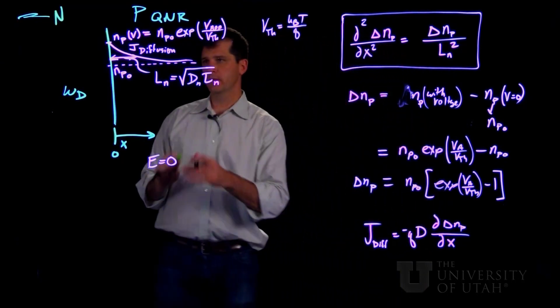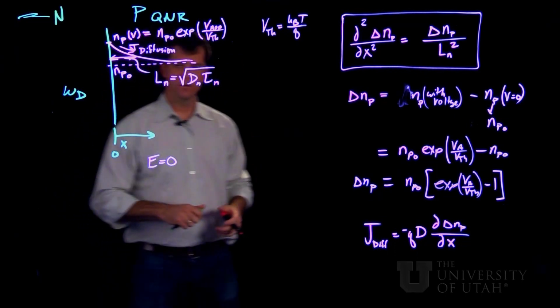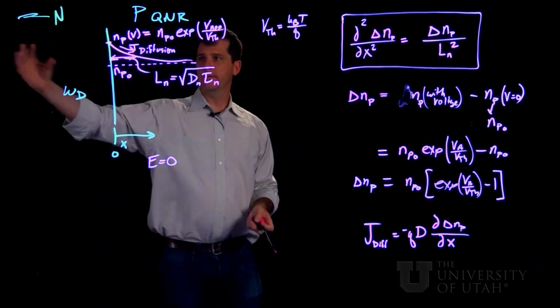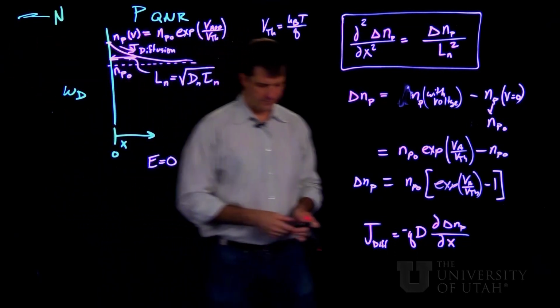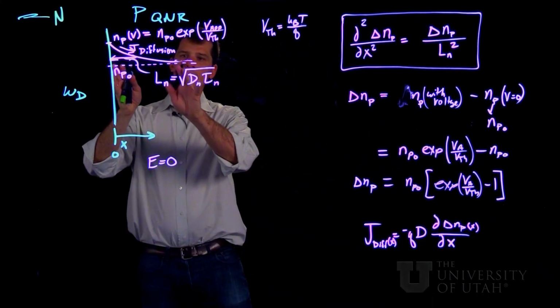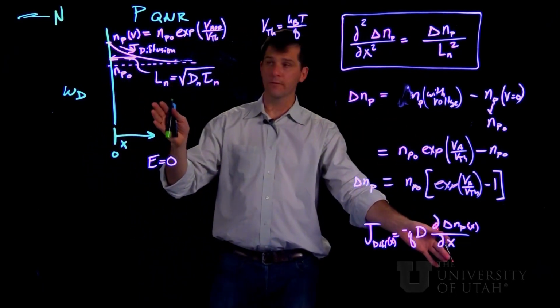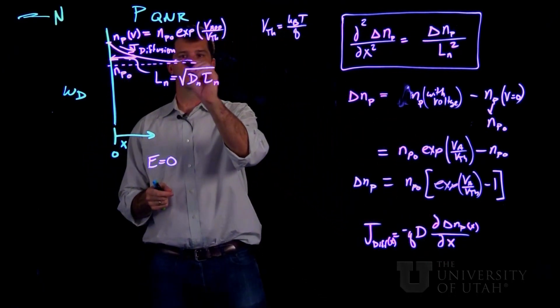So this is actually the current that's flowing down away from the junction because of the injection of minority carriers here. Now let's look at this excess carrier distribution as a function of distance and start to evaluate this derivative that we need to calculate the current.